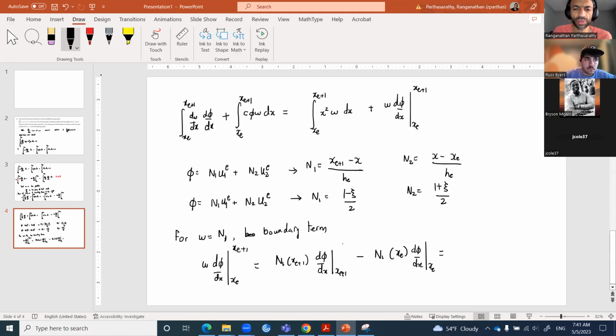Oh sorry, N1 at x_e+1 is 0, and N1 at x_e is 1, and therefore this will become the negative of dphi by dx at x_e.